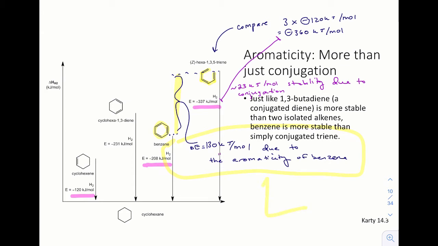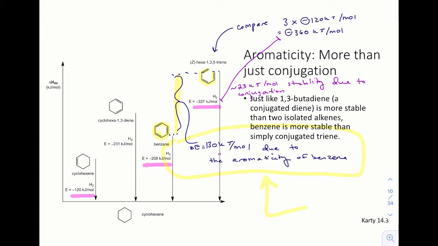This stability is simply due to the aromaticity of benzene. It is due to the fact that the 3 conjugated double bonds of benzene are connected in a ring in this cyclic fashion, rather than in the acyclic form of hexa-1,3,5-triene.